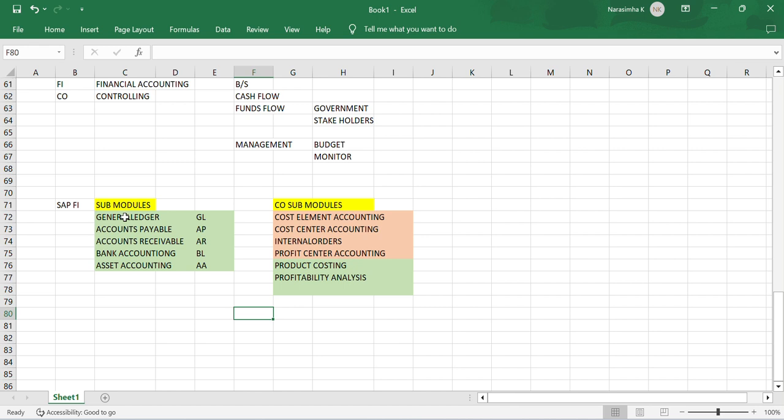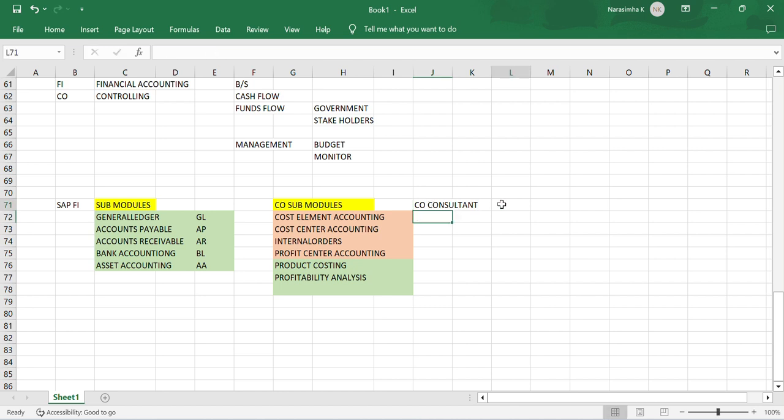Some people will tell, but in our course, I did not actually work on these two modules. Majorly pure CO consultants, the people who know product costing and profitability analysis, we will call as a CO consultant, not a FICO consultant.